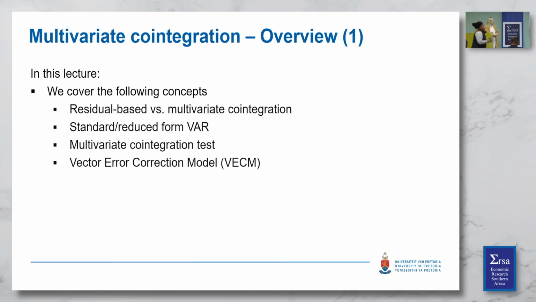The reason why we do it in this order is that literally the ingredient of the multivariate co-integration is a standard reduced form VAR.